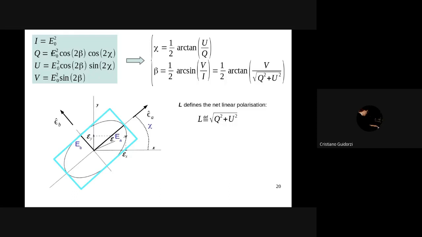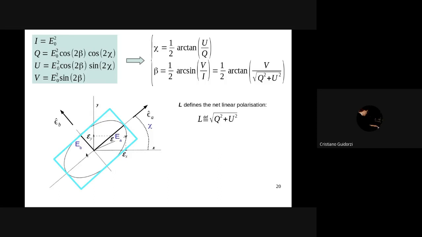When beta is 0, L is maximum. But beta 0 means that EB is 0. It means that it's no more an ellipse. It's just oscillating, so all the electric field is fully along the A axis. That's indeed the case of maximum linear polarization.